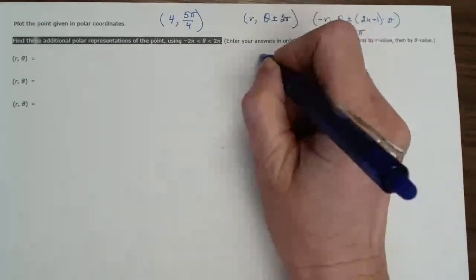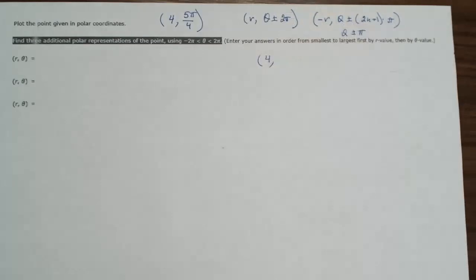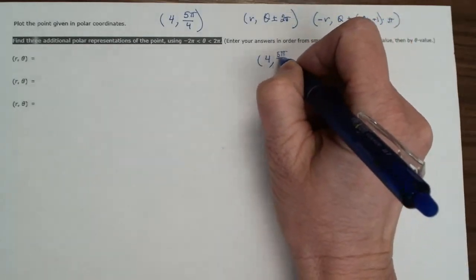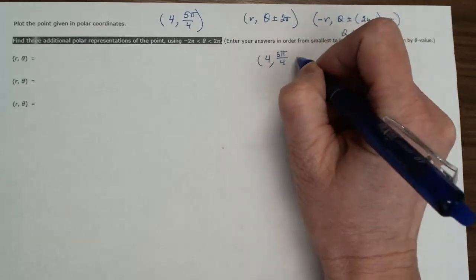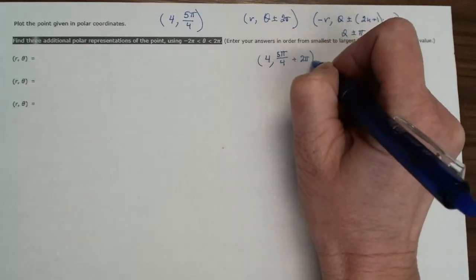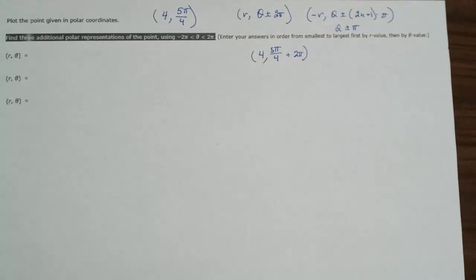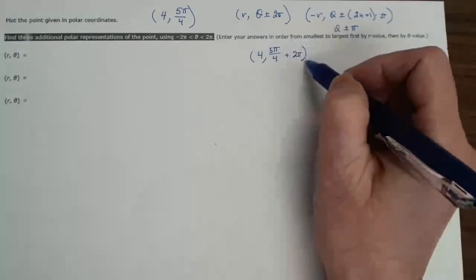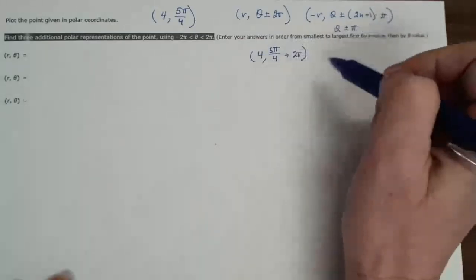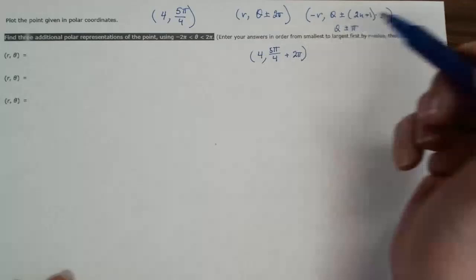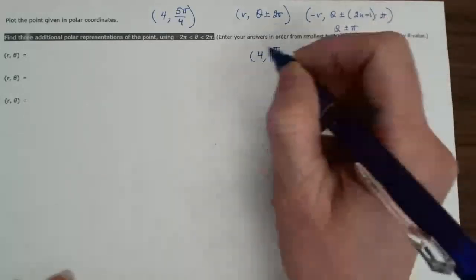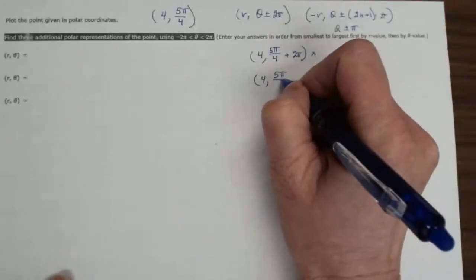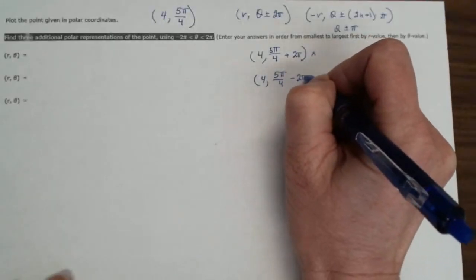We will use the first rule, so r will stay the same. We have 5π/4, and we will add 2π. When we add 2π, the angle will be way higher than 2π, so this idea will not work. 5π/4 minus 2π.